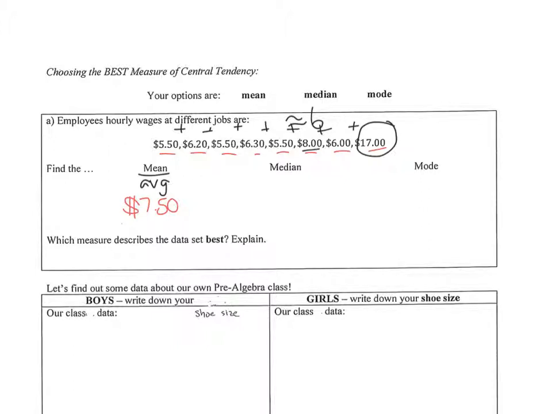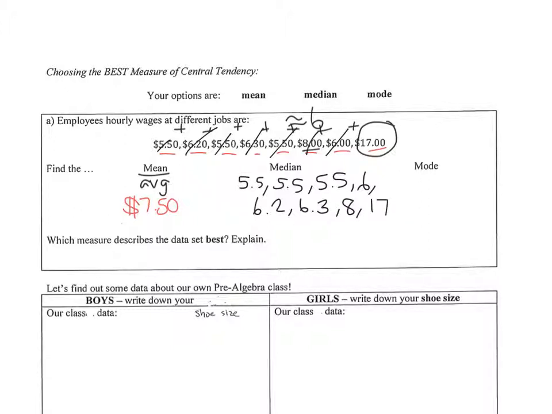For the median you have to line up the numbers from least to greatest. So it's 5.5, 5.5, 5.5, 6, 6.2, 6.3, 8, and 17.